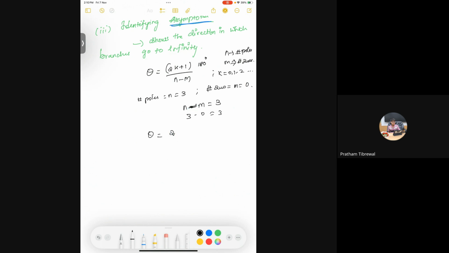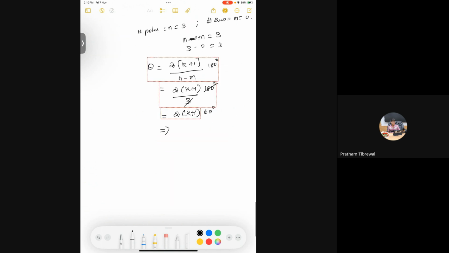How many poles you have, that many k's you have to calculate. I will substitute the values I know, divided by 3 into 180, this will give me 60.